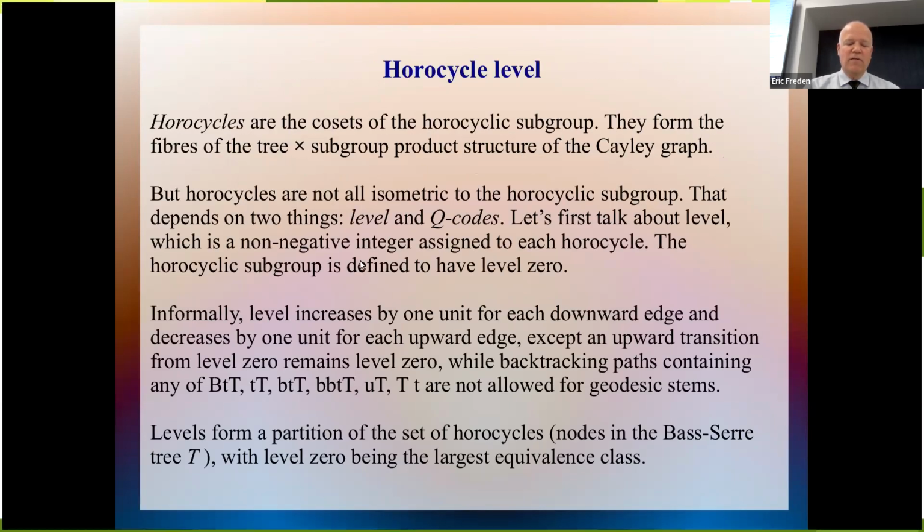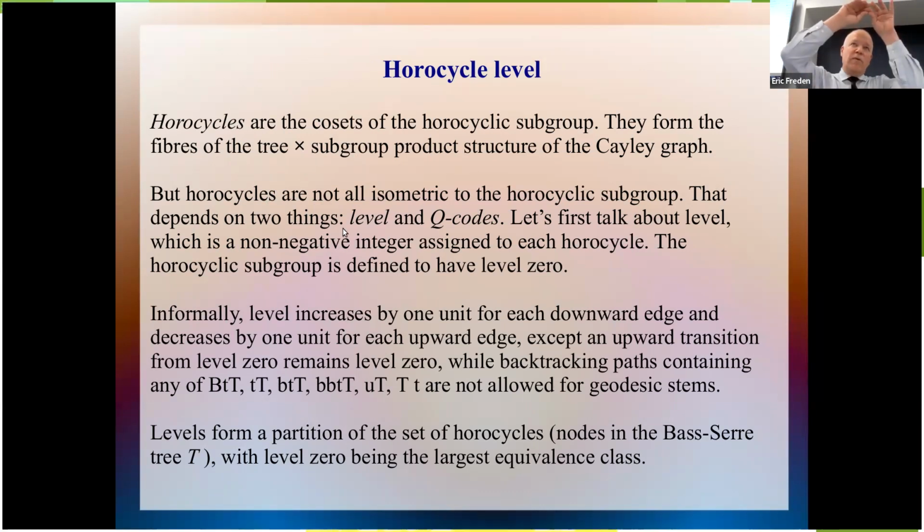Sort of like a modified convolution. Okay, so I told you earlier the problem is it's not a direct product. So the fibers of this structure, the horse cycles, the cosets of the cyclic subgroup, are not all isometric. They have what's called a level. And in fact, Tinker and Laun in their 2011 paper realized this as well, that you have this level.